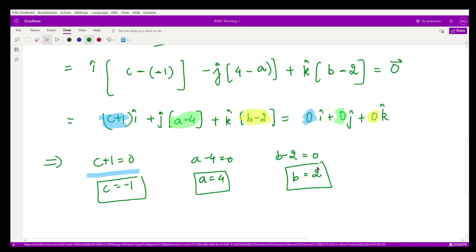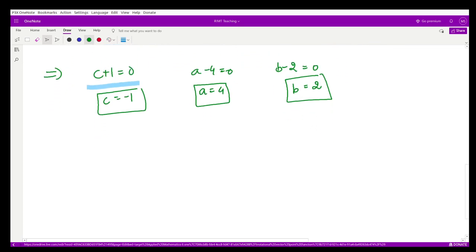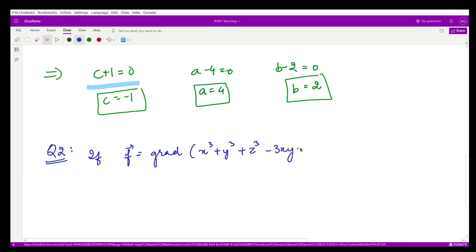Okay, so let us see the next question. The next question is question number 2. If vector f is equal to the gradient of x cube plus y cube plus z cube minus 3xyz, then you are to calculate the curl of vector f.